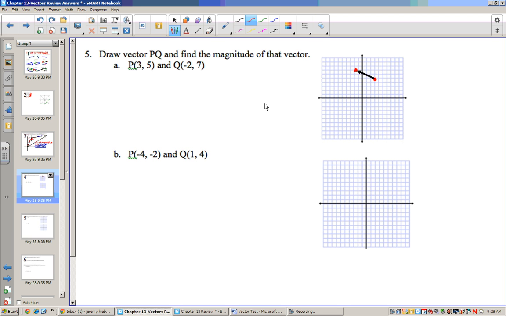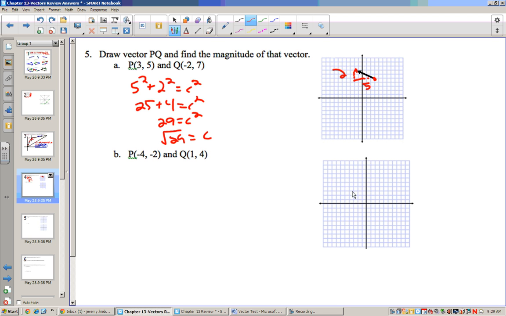Well, I go to the right 5 and up 2. So 5 squared plus 2 squared is equal to c squared, or 25 plus 4 is 29. If I square root 29, that's going to be my distance.